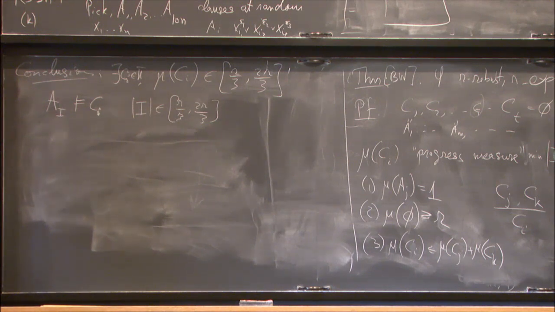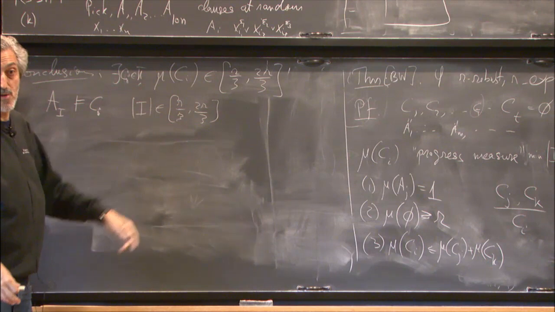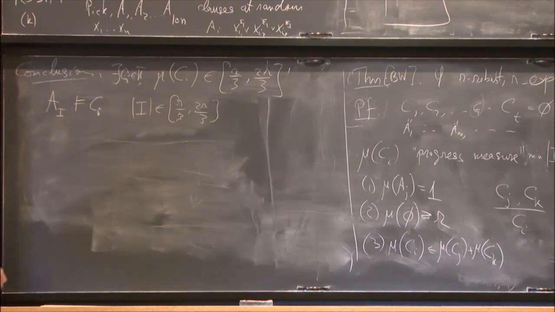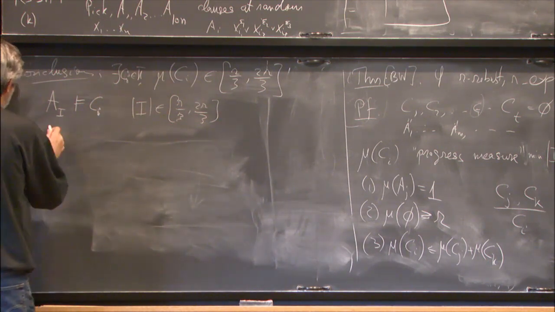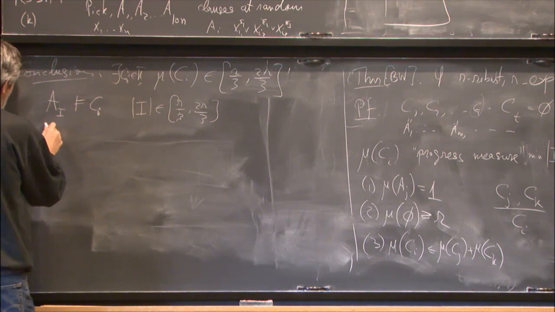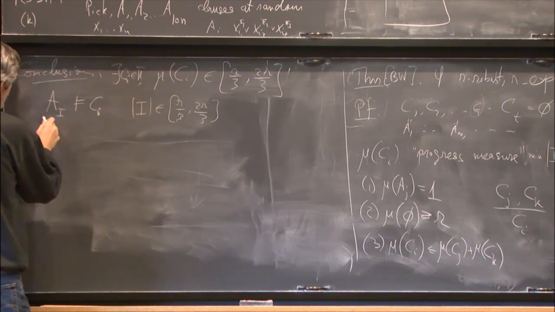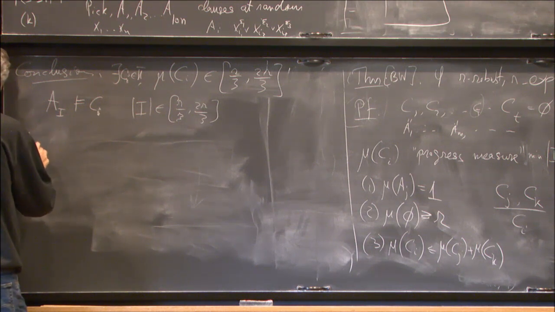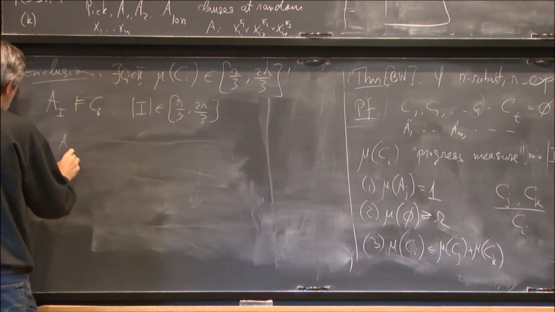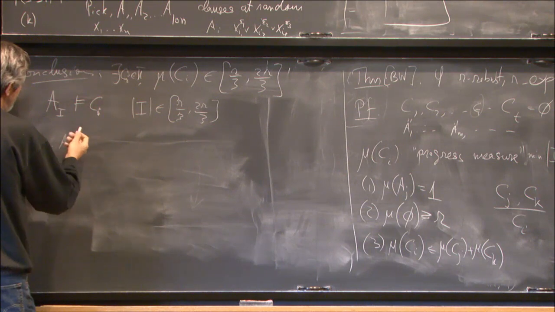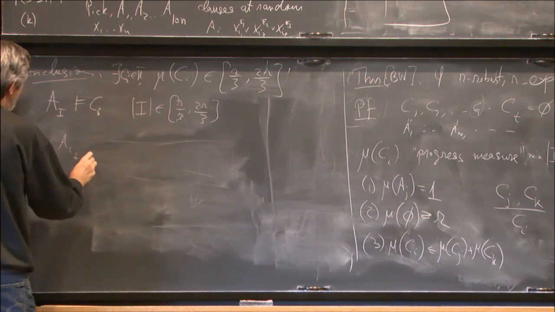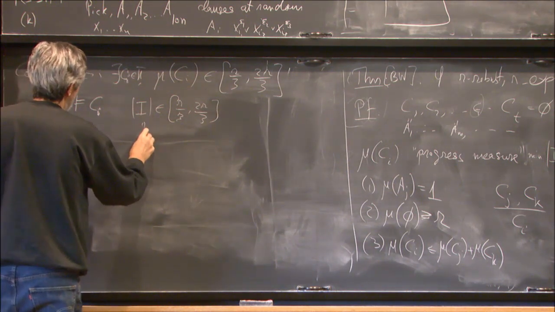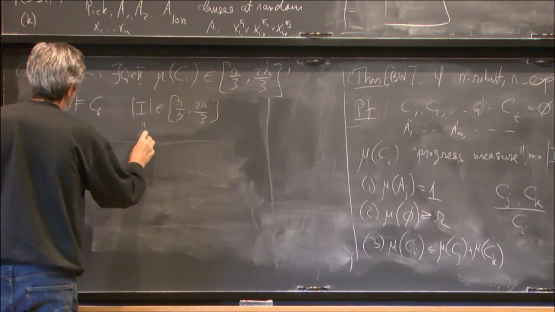So in particular, it's at most R. So we know the expansion. So we know that this set, I know A_I1, up to A_IL, so this equals L.